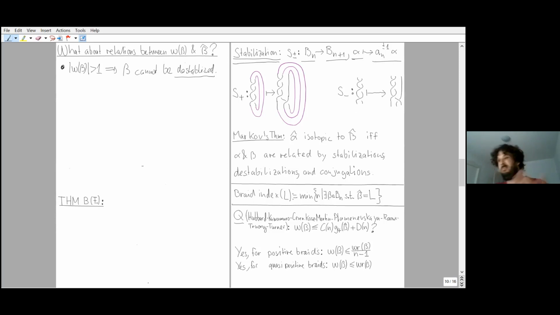And depending on your flavor of knot theory, you could say I could study knots via braids by Markov's theorem, which says if I have two braid closures, alpha hat and beta hat, they are isotopic if and only if they're related by a finite sequence of stabilizations and destabilizations, which is just the inverse operation, and conjugations of the braid. Okay, with that out of the way, you might see how you might be interested in destabilizations.